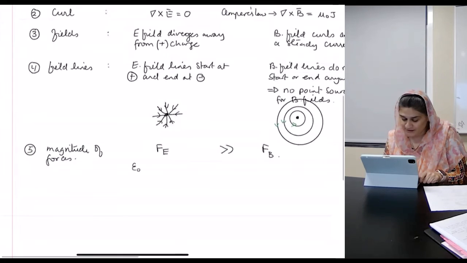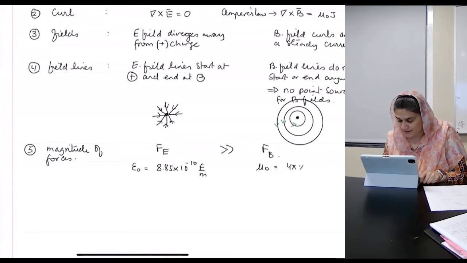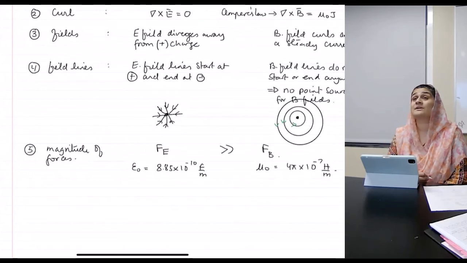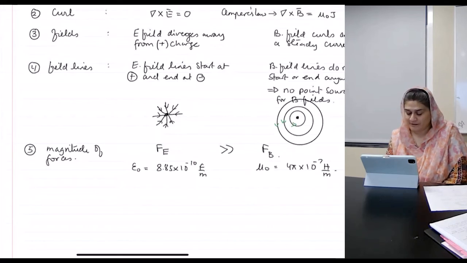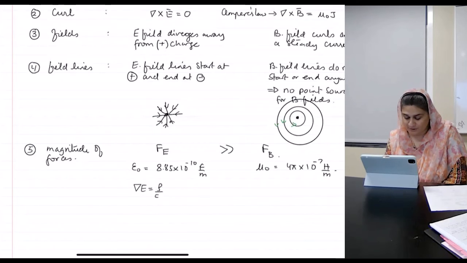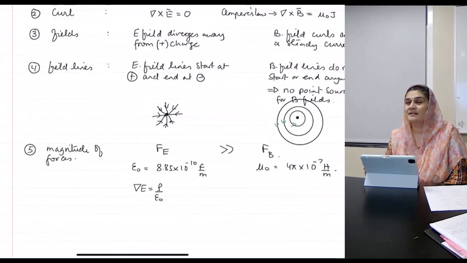And epsilon naught is 8.85 times 10 to the minus 12, versus mu naught is 4 pi times 10 to the minus 7 henries per meter. And if you want to remember which one is larger, think of it this way. Del dot E equals rho over epsilon naught. Get it? So epsilon naught is in the denominator.